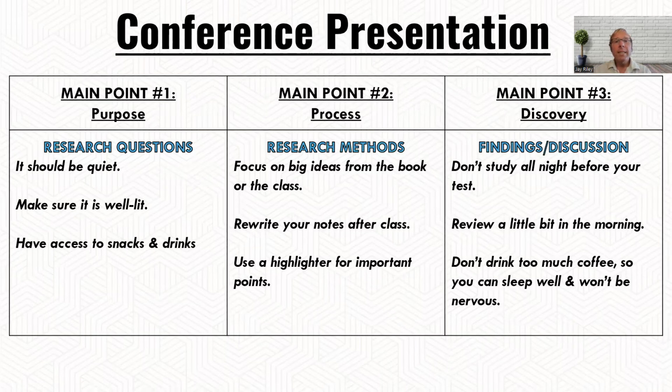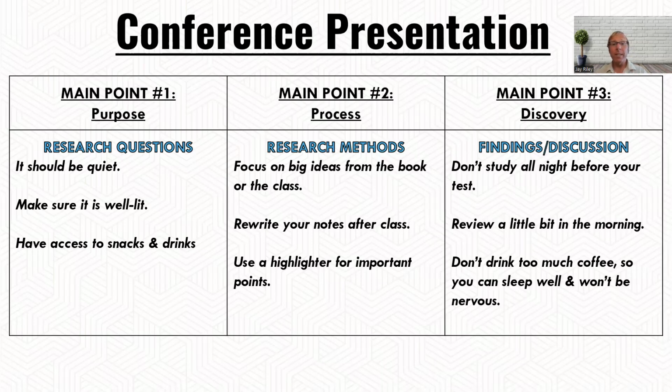So when we're presenting at a conference, it's going to be a little bit different. So we still have three main points, but we're structuring it in a slightly different manner. We're going to start by talking about our research questions or the aim of our study. So of course, we're presenting what's important for our research, what we're trying to accomplish.